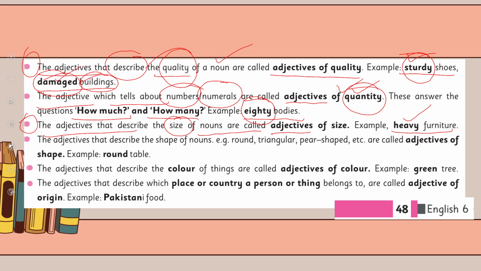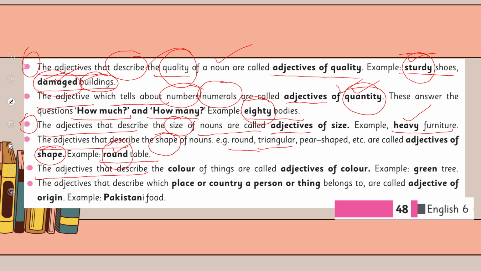Next one is the adjectives that describe the shape of nouns. For example, shapes can be round, triangular, pear-shaped, or diamond-shaped, and they are called adjectives of shape. Let's look at an example. Round table. The word round, which is our adjective of shape, tells us the shape of the table. The table is round.